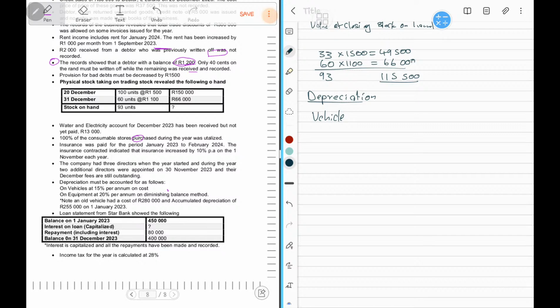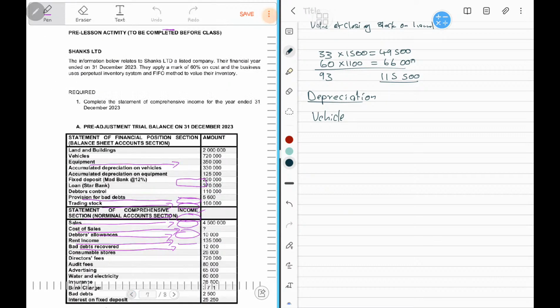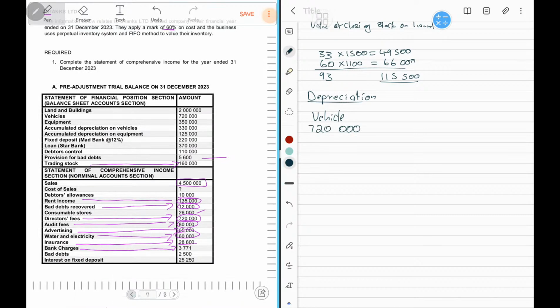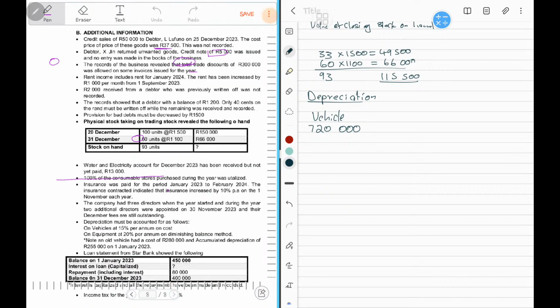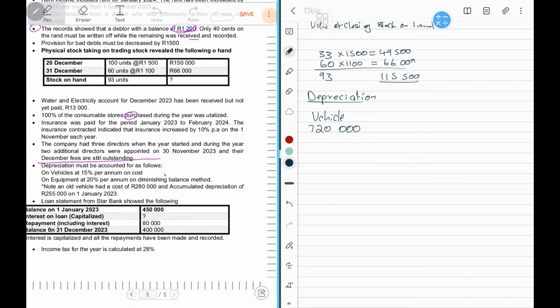So now in terms of the vehicle, we're going to refer to information here, not forgetting the cost at the beginning. So we are told that the cost here, from the trial balance, is 720,000. Okay, then we are also being told that depreciation must be accounted for as follows.